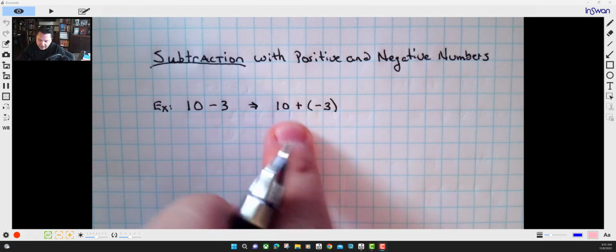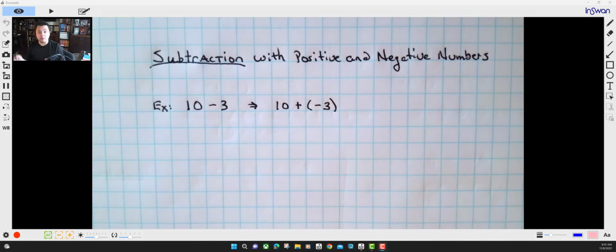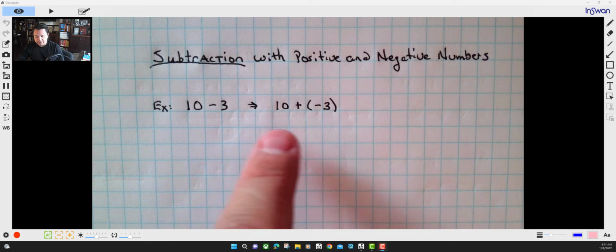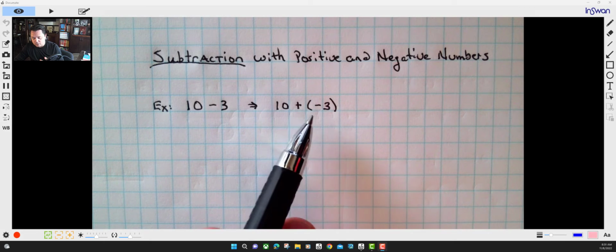Remember that when you're adding these things, the first thing you can do is think about it like money. Money is a great way to think about positive and negative numbers. Something that's positive is money that you actually currently have, maybe in a bank account, a piggy bank, or your wallet or purse.